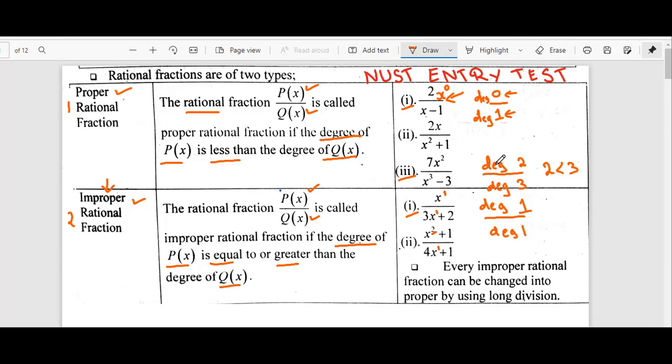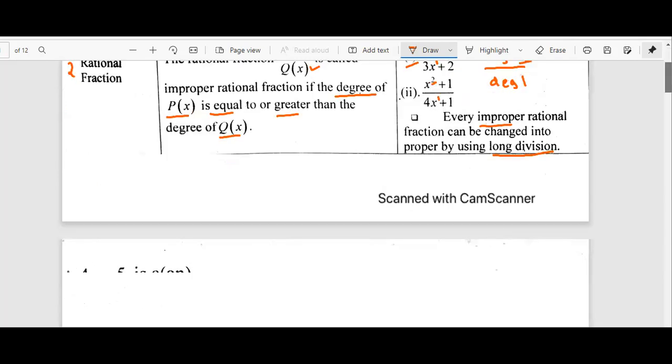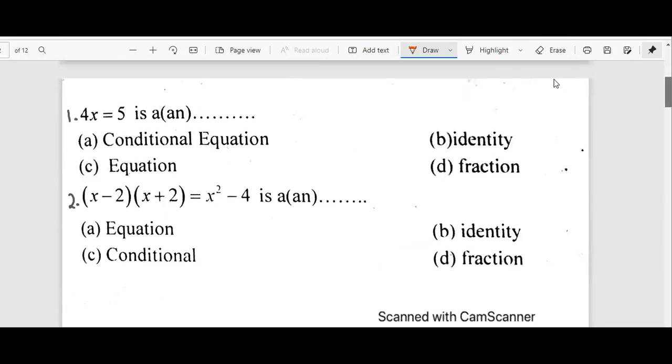And just know whenever we have improper fractions, we cannot deal with them directly. So first we use long division: we had an improper fraction initially, we use long division, and then we get a proper fraction. Okay. And now let's talk about questions.